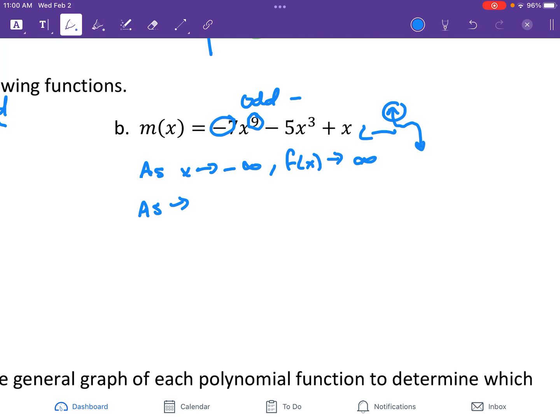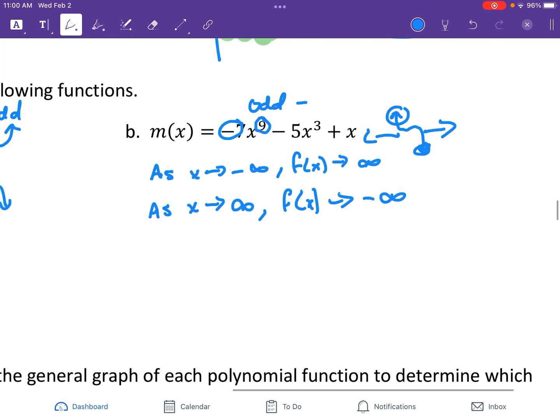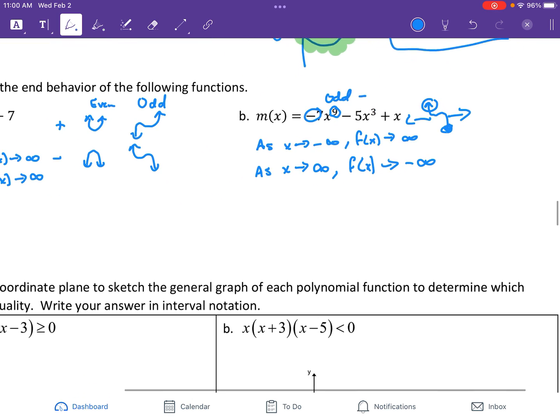And then as x approaches positive infinity, going to the right, f of x is where the graph is going down towards negative infinity. And there is your end behavior.